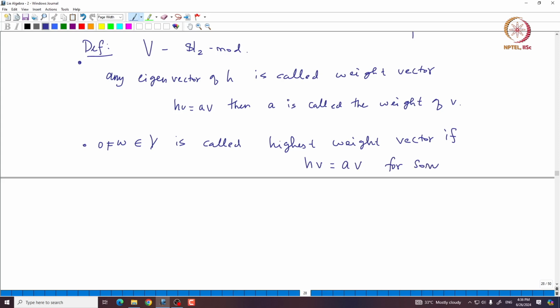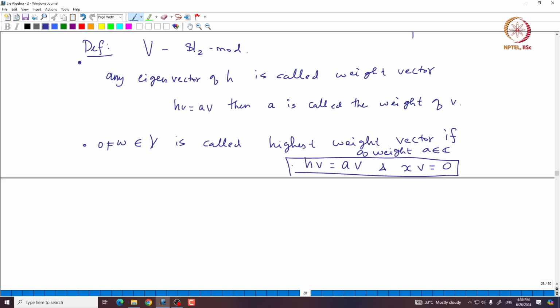So let us fix that A inside C. Then we should have H v equal to A v, and X v should be 0.